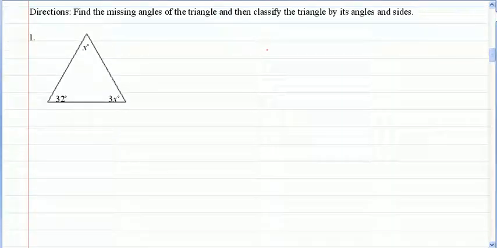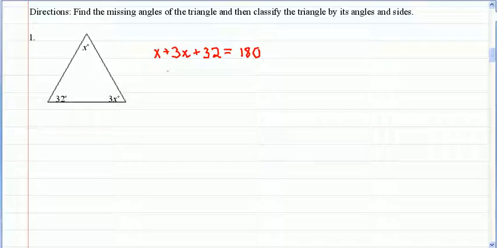So the directions are to find the missing angles of the triangle and then classify the triangle by its angles and sides. So I have three angles, and I know that all of the angles of a triangle are equal to 180 degrees. So I start by taking x plus 3x plus 32, setting up an equation, and setting it equal to 180 degrees.